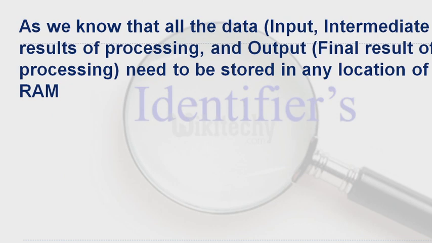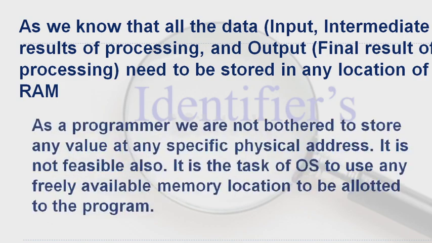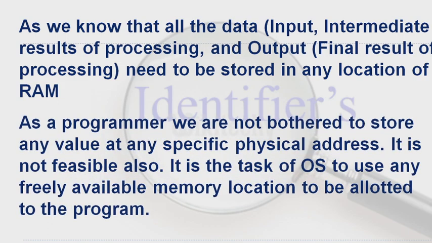As we know, all the data, that is input, intermediate results of processing, output, and the final result of processing, need to be stored in some location of memory, that is RAM. And if we are unable to find these values, then our program cannot process these values.